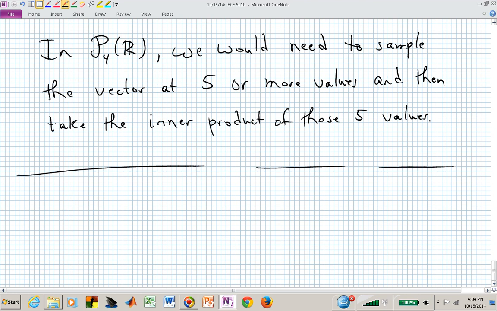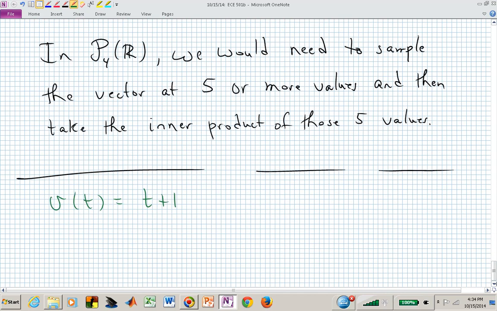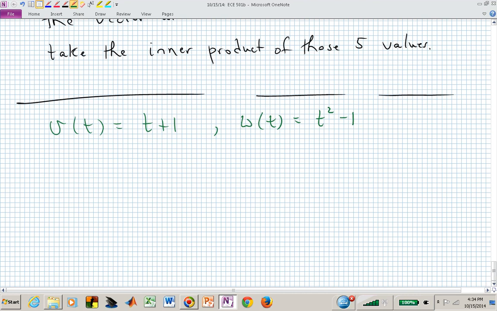Let's look at those two vectors again. Let's say we now have v of t again is t plus 1. Is that what it was before? Yes, okay. So it's t plus 1, and w of t is t squared minus 1. But now let's use a different inner product.